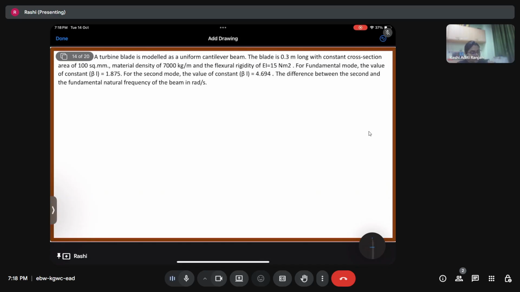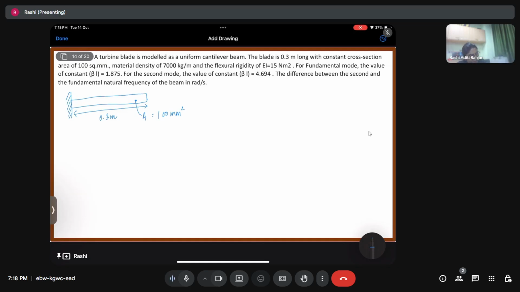So basically, we are modeling a turbine blade which is considered as a cantilever beam. Like this, we have a cantilever beam where the blade is 0.3 meter in length, and the area is the cross-sectional area.